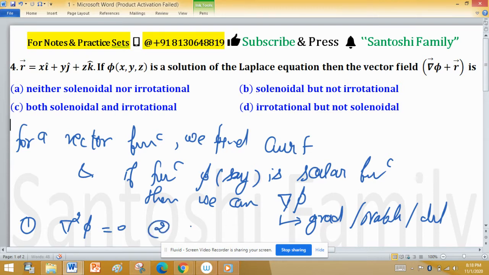And the second point is that the curl of a gradient function is 0.